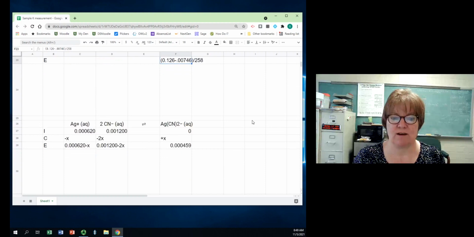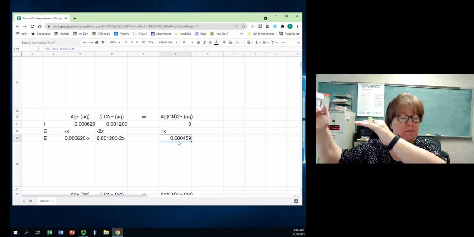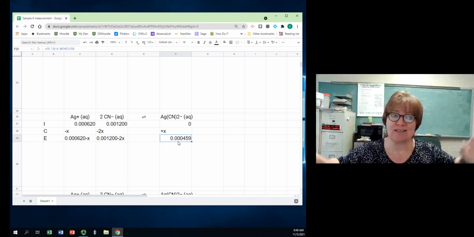Down here, if I did it, it would be 0.000620 and 0.001200, and the equilibrium concentration is 0.000459. So I now have all my initial concentrations, and I have one of my equilibrium concentrations.